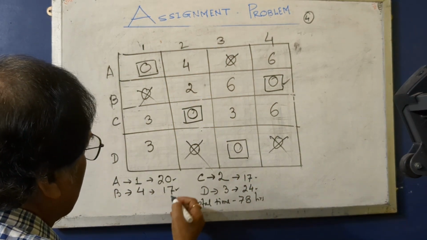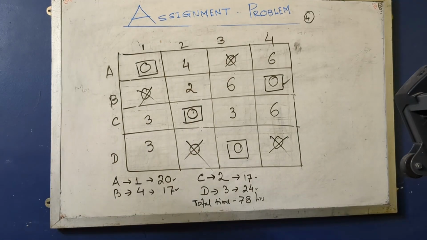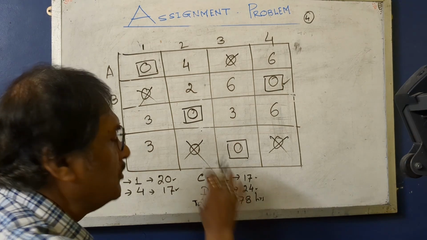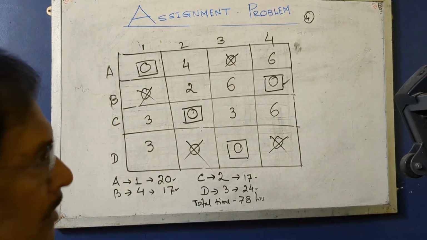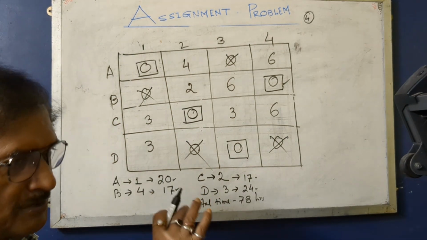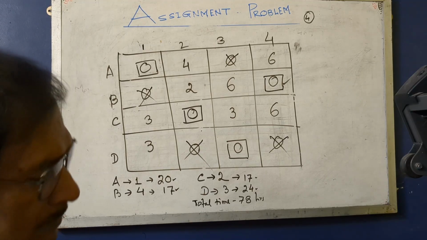And the total time, you can check, is the minimum time. If you allocate in any different way, the total time will be higher. This method is called the Hungarian method. The Hungarian method is used to solve the assignment problem.